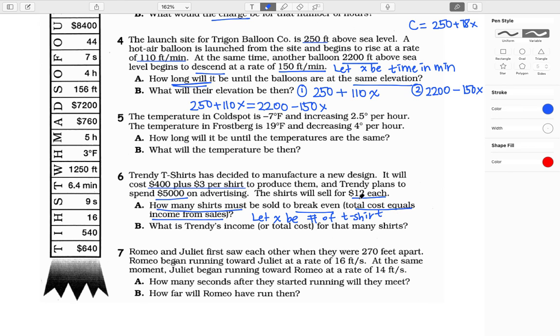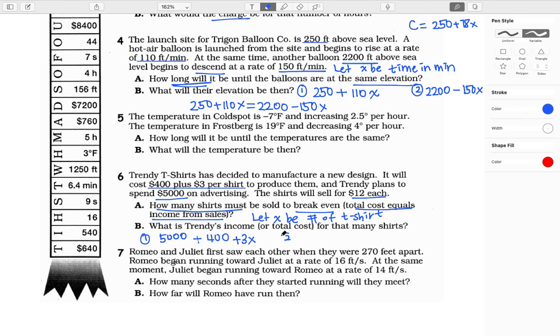So let's figure out the total cost. It looks like I need to spend $5,000 on advertising, plus it's going to cost $400, right? One-time fee, plus $3 per t-shirt, 3x.